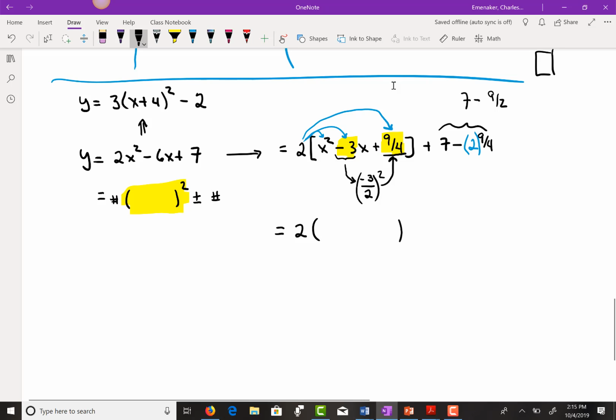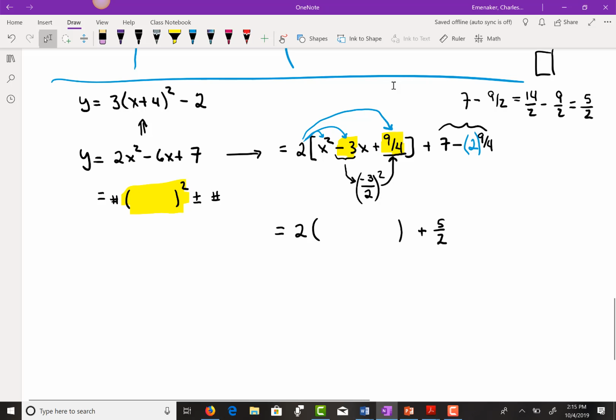Let's see, 7 minus 9 over 2, that's the same thing as 14 over 2 minus 9 over 2, which is going to give you what? 14 minus 9 is 5. Does that make sense to everybody? So what we're going to have way over here to the right-hand side is 5 over 2.